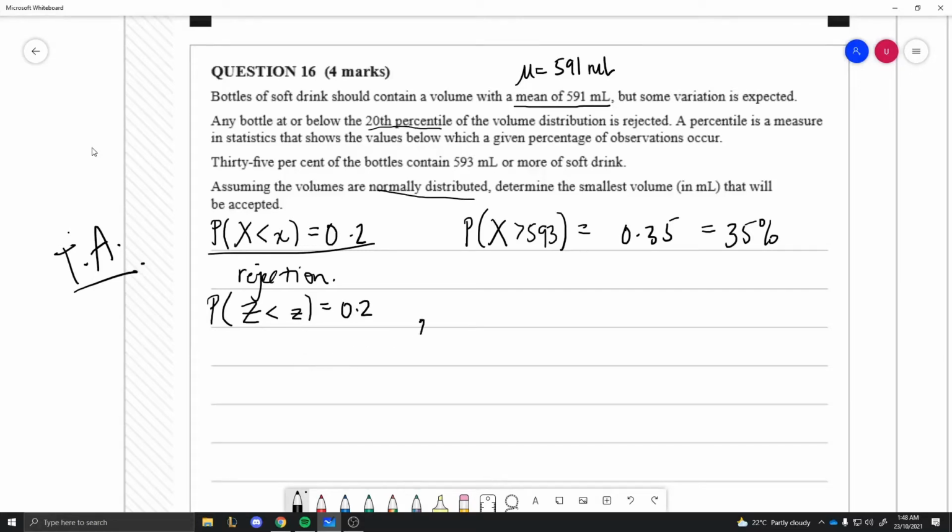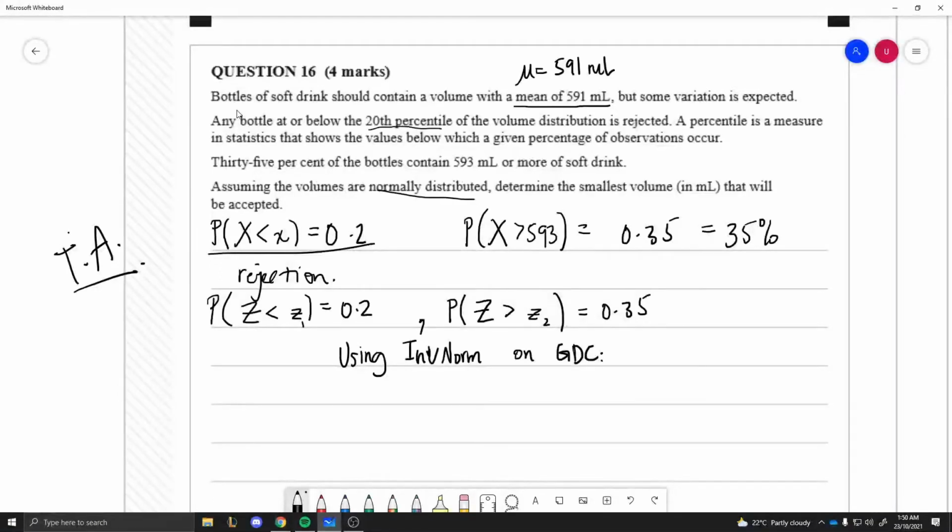But also, let's comment here, P(big Z greater than little z), so let's call this z1 and z2, but both these z's stay the same because this signifies the z curve, is equal to 0.35. So we'll get a value for both of these. Right in the middle, I'll write using inverse norm on GDC. You can write it whatever way you want, as long as you signify that you're going to use a calculator to do it. So I'll do that now.